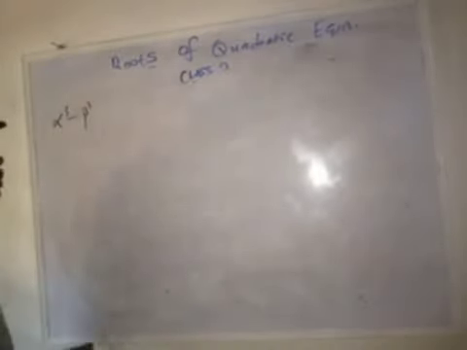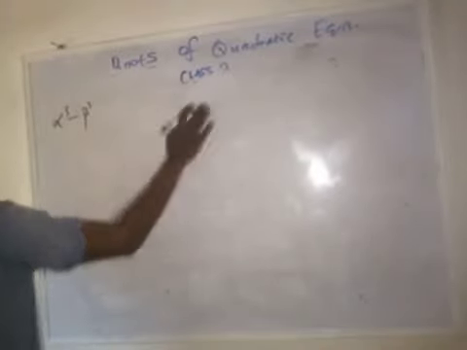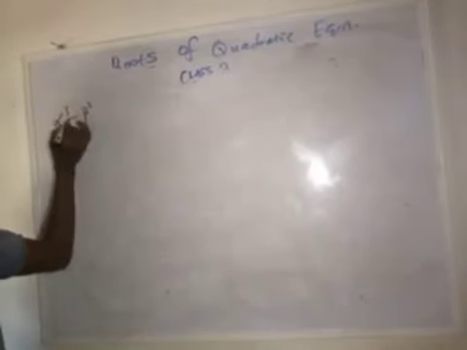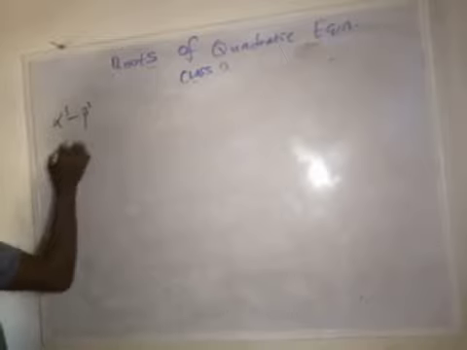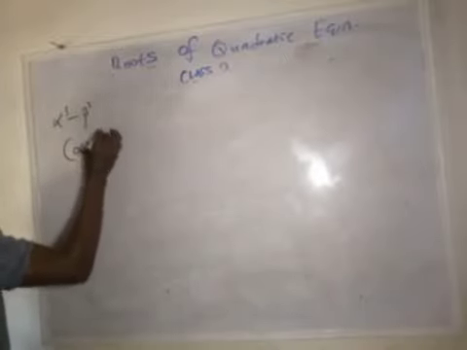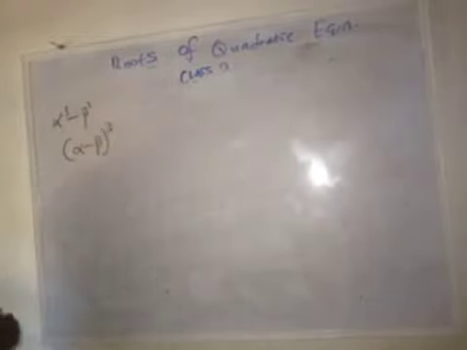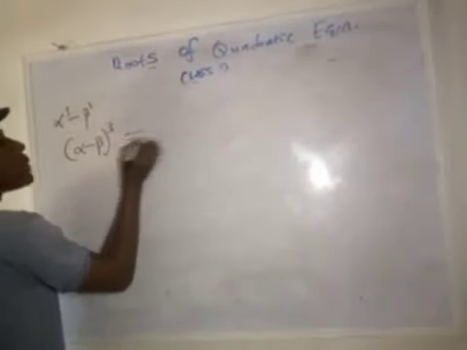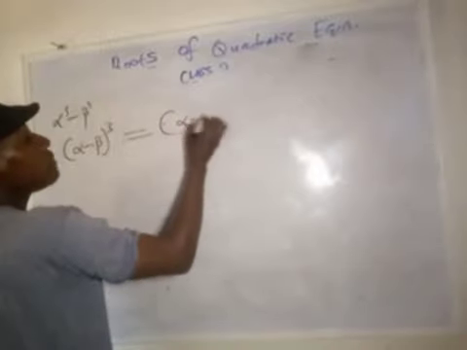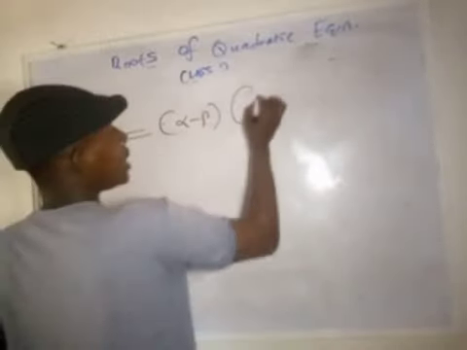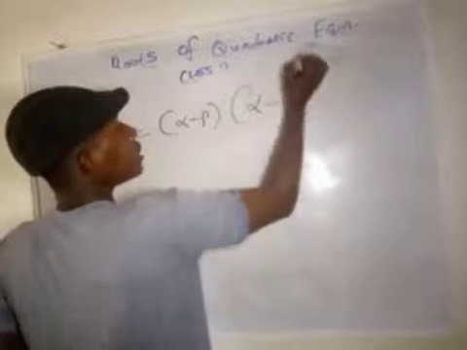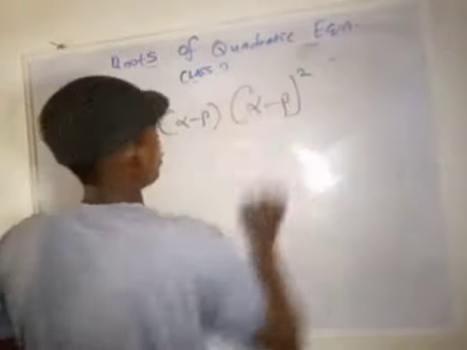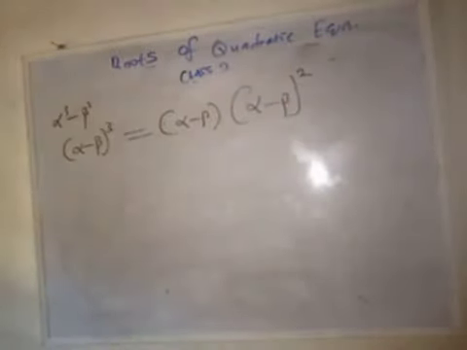Now, in alpha cube minus beta cube, it's still the same thing, since I'm using a minus sign, right, it's going to be alpha minus beta raised to the power of 3. And you know that alpha minus beta raised to the power of 3 is still the same thing as saying alpha minus beta and alpha minus beta raised to the power of 2.